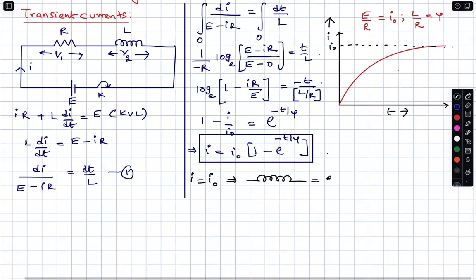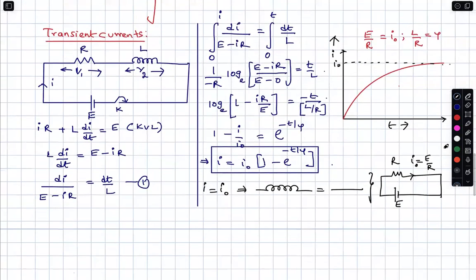Remember, when I becomes I naught, the inductor becomes a conductor, which means at that state the circuit looks like this: R, conductor, and cell, such that I naught is E by R. Remember, this is called steady state.